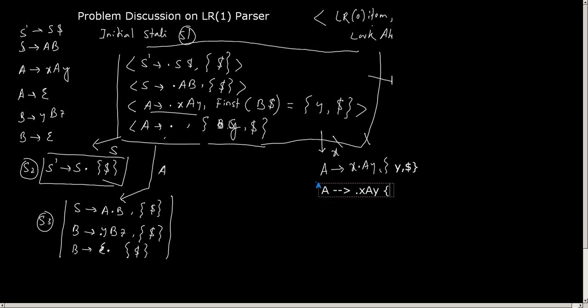And the look ahead symbol will be first of Y dollar, and that is equal to only Y. Understood? Similarly, for A → . the look ahead symbol will also be only Y.